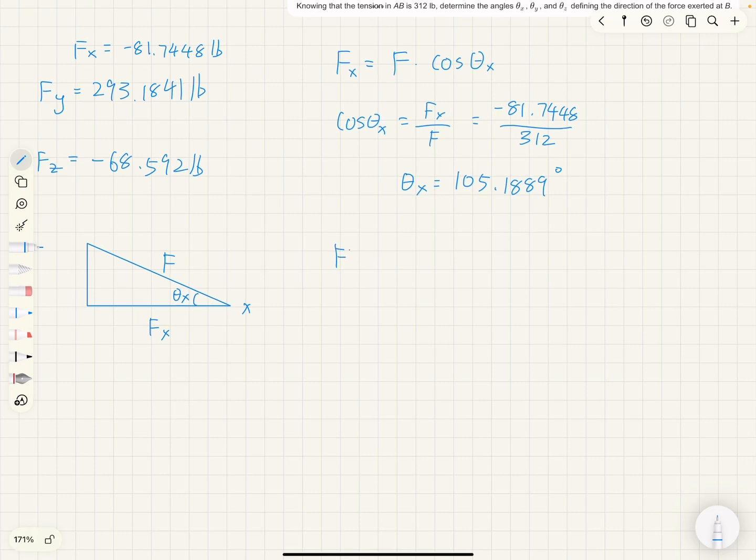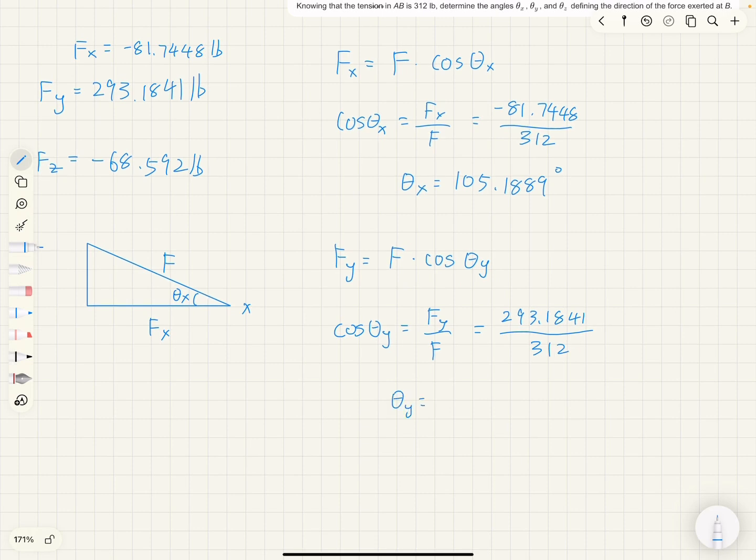Similar to delta y, fy equals f times cosine delta y, and cosine delta y equals fy divided by f. Here we have 293.1841 divided by 312.